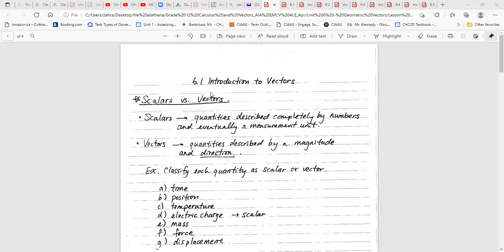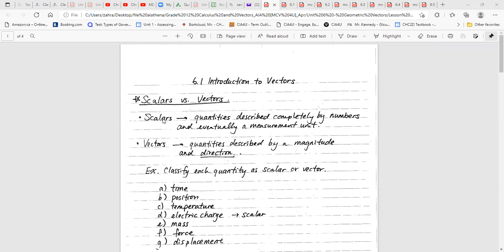6.1 Introduction to Vectors. So here is a scalar versus vector. What is a scalar? A scalar is a quantity that is just a number. There is no direction. It has a unit, but it doesn't have any direction. Like time. Time is just a number, it doesn't have any direction.